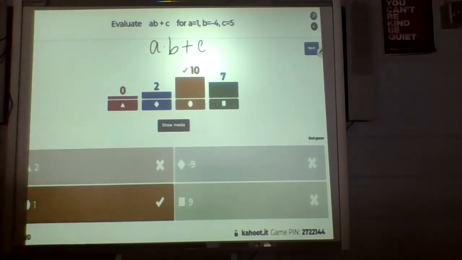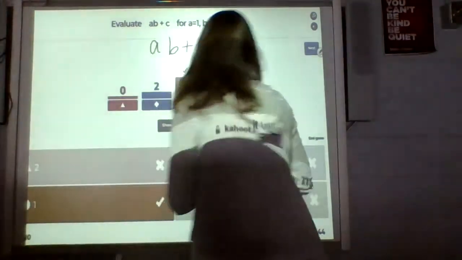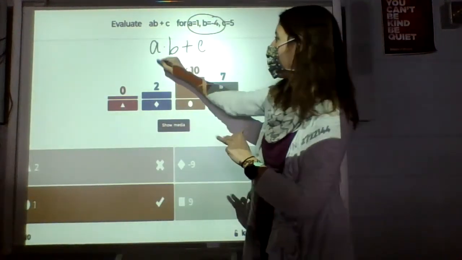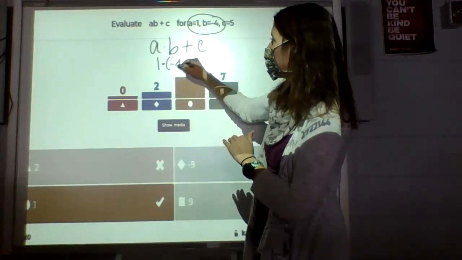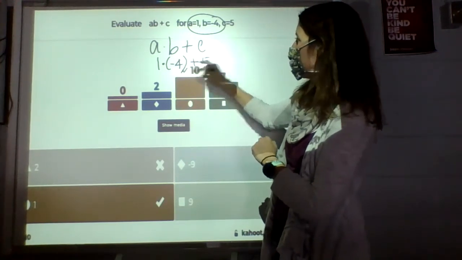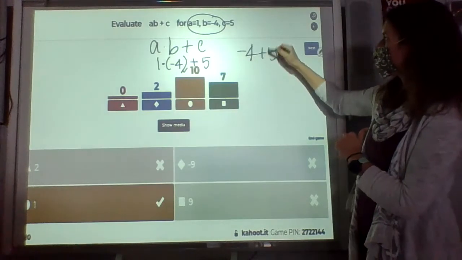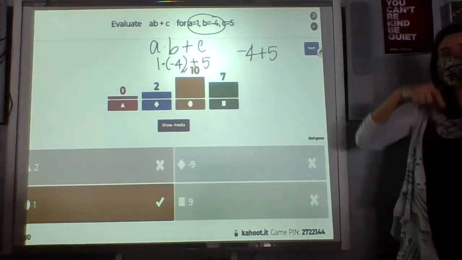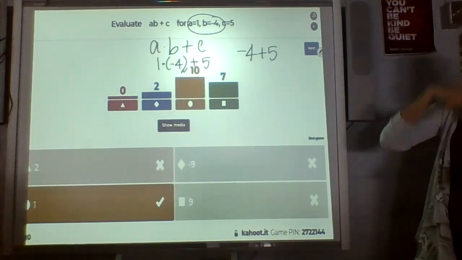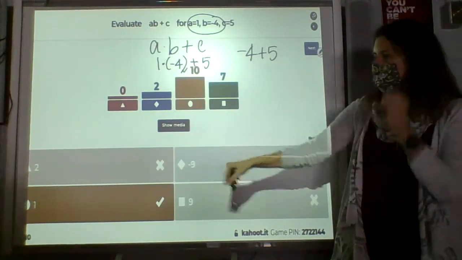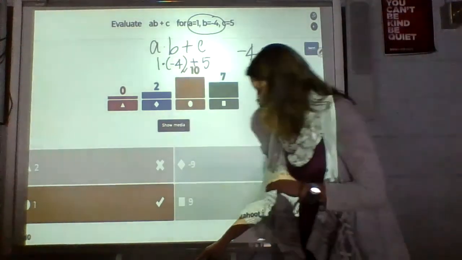So on this one, we do A times B. So we're going to do 1 times the negative 4 plus 5. 1 times the negative 4 is going to be a negative 4 plus 5. I go up 4 and down 4 and up 5. So the bigger number is positive, is going to be a positive 1 there.